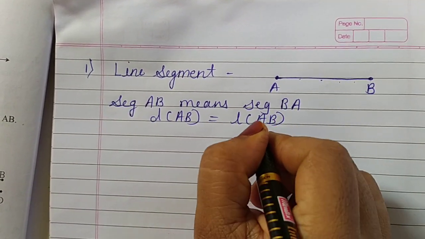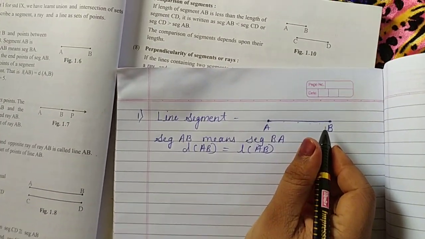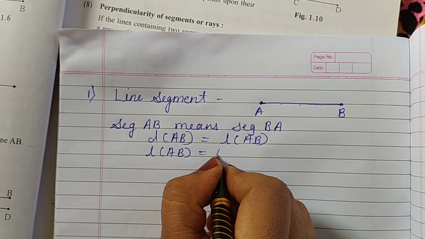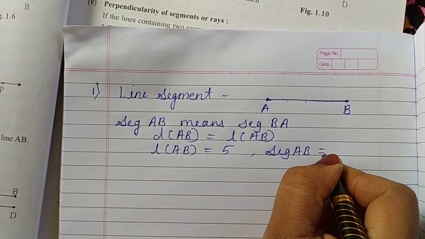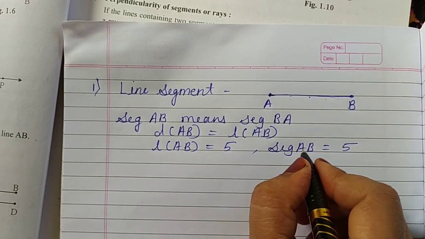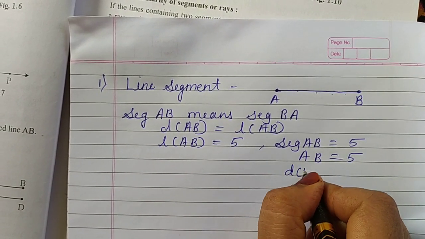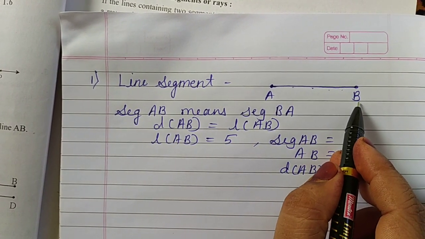Length of AB means segment AB, distance of AB means segment AB. Suppose length of AB is 5, then you can write segment AB is equal to 5, or directly AB is equal to 5 or distance of AB is equal to 5. So this is called as a segment.